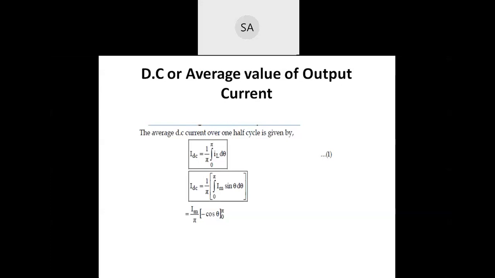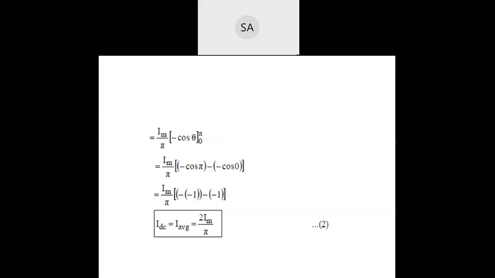Im is constant, so take it out: Im by pi into the integral of sin theta, which is minus cos theta. Substituting the limits pi and 0, we get Im by pi into minus cos pi minus of minus cos 0. So you will get IDC equal to 2 Im by pi, whereas in the half wave rectifier it is Im by pi.